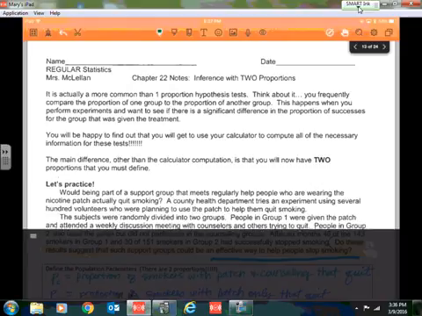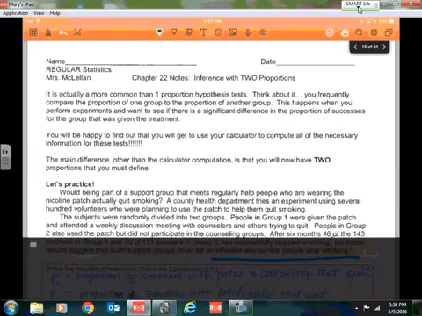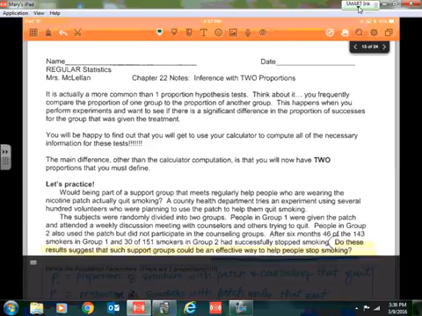So Group 1 had two things, the patch and a weekly discussion meeting with counseling and others trying to quit. People in Group 2 also used the patch, but they did only the patch, and they did not participate in the counseling groups. After 6 months, here are the results of Group 1 and Group 2. Do these results suggest that such support groups could be an effective way to help people stop smoking?